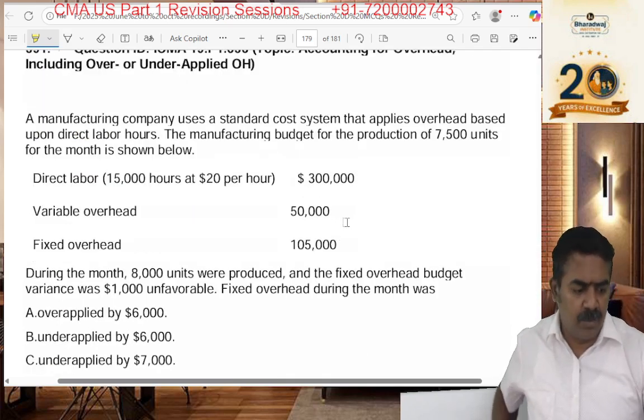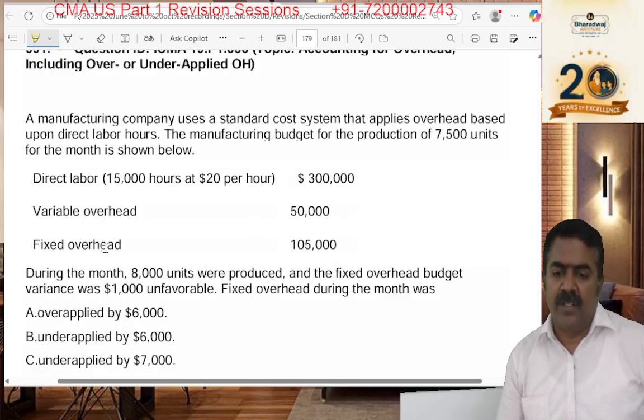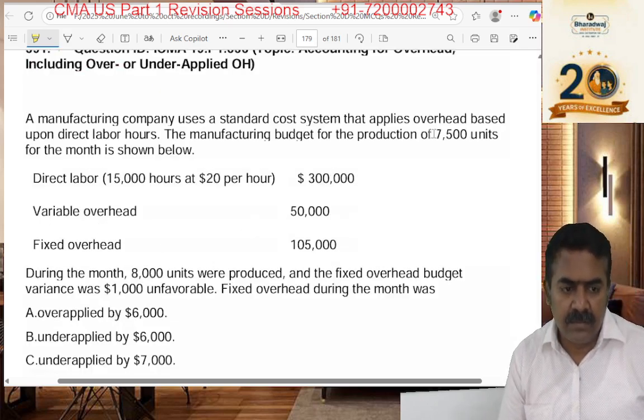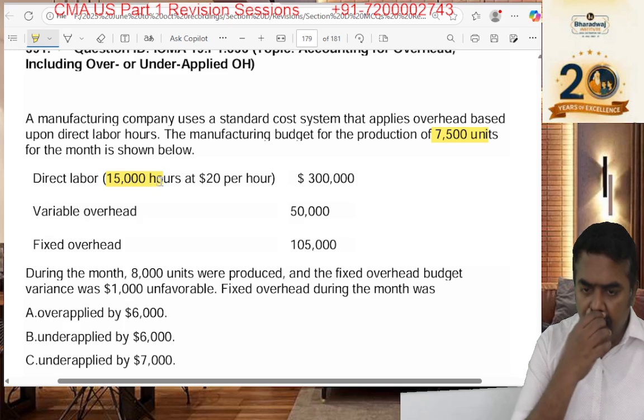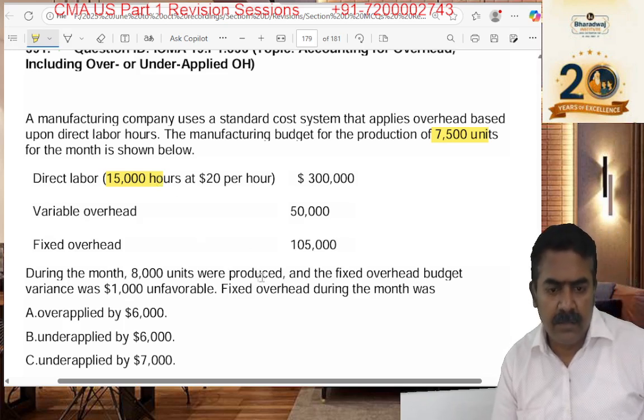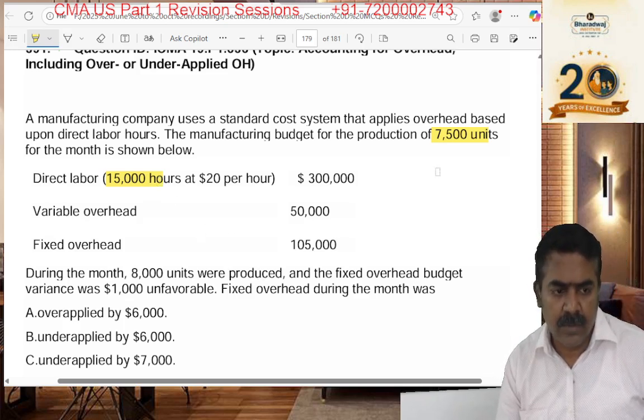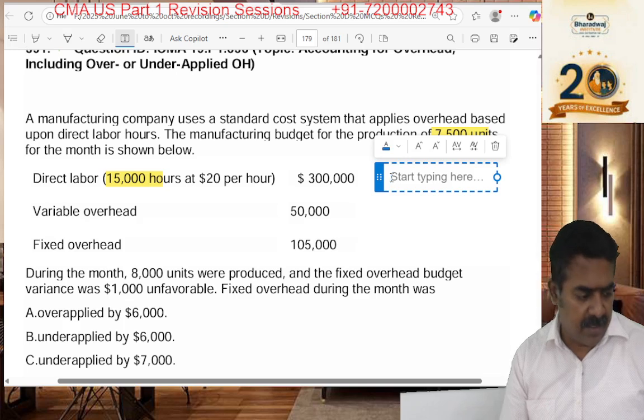Try this, I'll come back in 2 minutes. Tell me the workings. 15,000 hours divided by 7,500 hours. 2 labor hours per unit. So it will be 15,000 divided by 7,500.